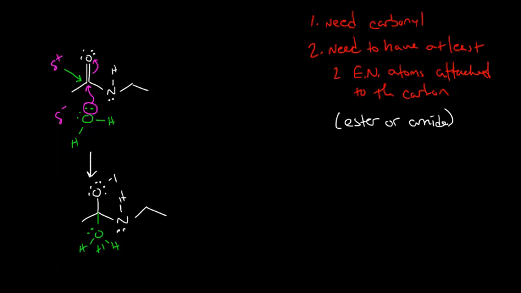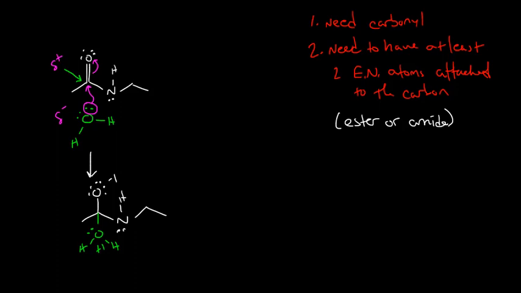Okay? We also need to have a carbonyl that has at least 2 electronegative atoms around it. Okay? So for our purposes now, that really tends to be either oxygens or nitrogens, meaning that the functional group that's susceptible to hydrolysis has to be an amide or an ester.